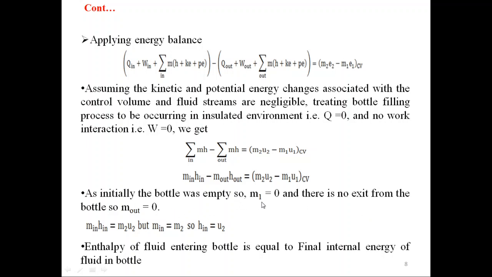If you put m1 equal to 0 and m out equal to 0, you will get m in h in is equal to m2 u2, but m in equal to m2. So we get h in equal to u2, that is, the enthalpy of fluid entering the bottle is equal to the final internal energy of fluid in the bottle.